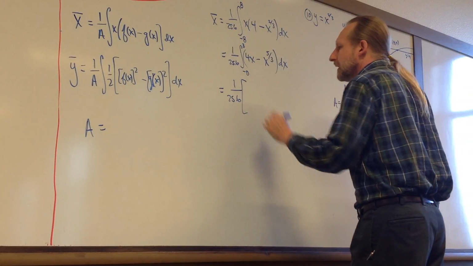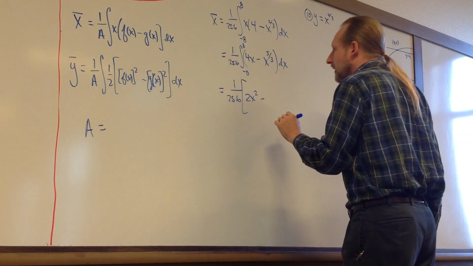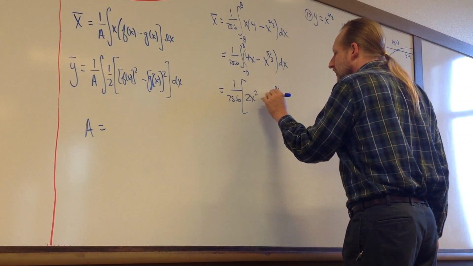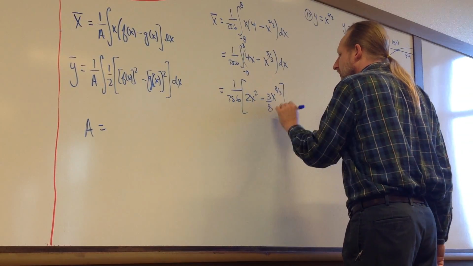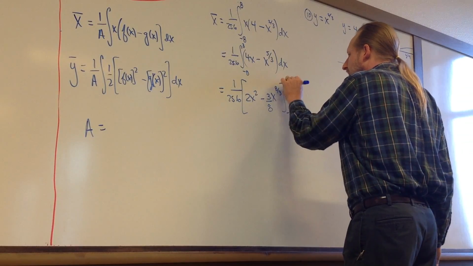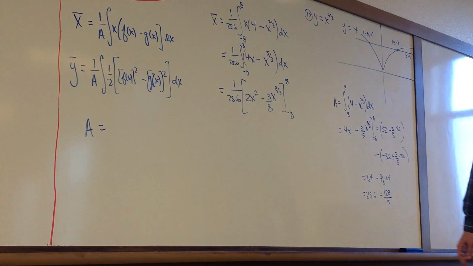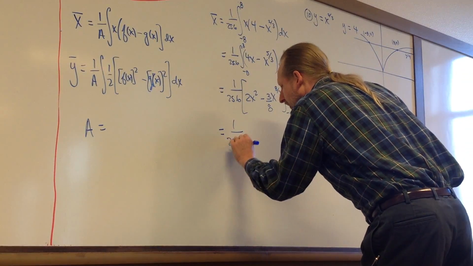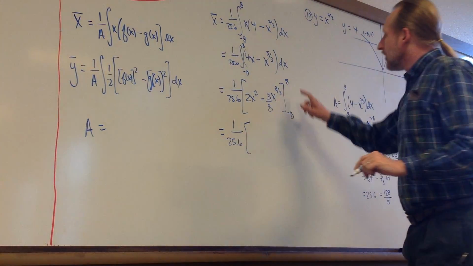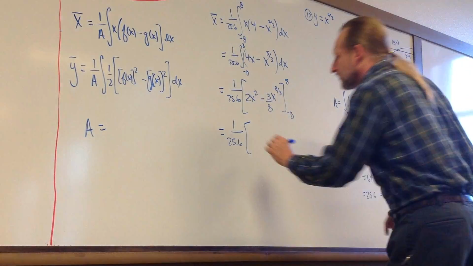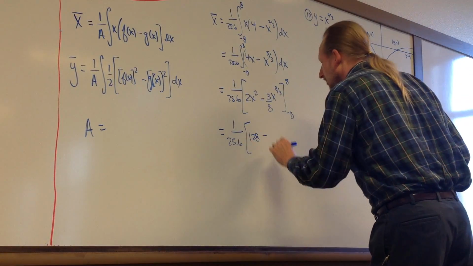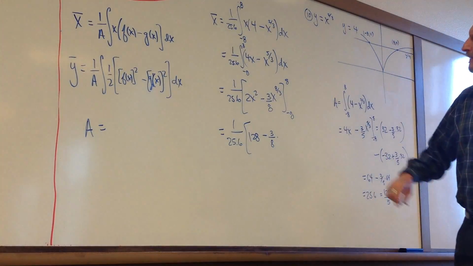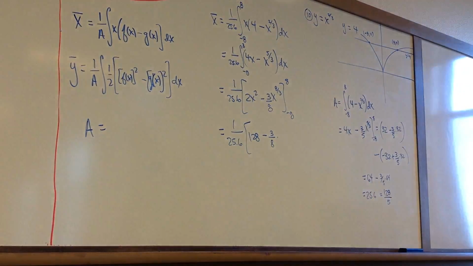We want to integrate now, so this will be 2x squared. So that'll be x to the 8/3 over 8/3. And then we want to evaluate this between -8 and +8. So 1 over 25.6. So this is 64 times 2, 128, minus 3/8 times, I think that's going to be 256.